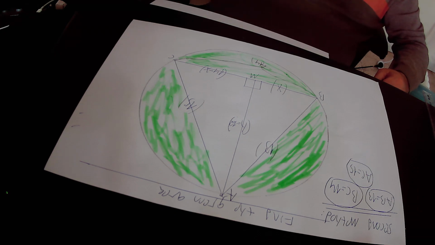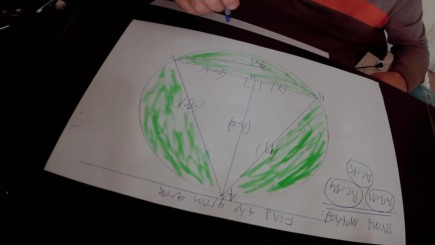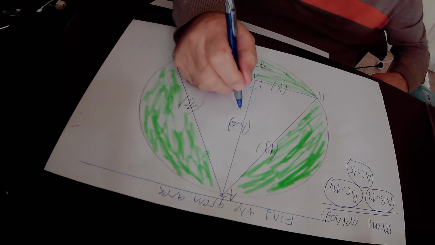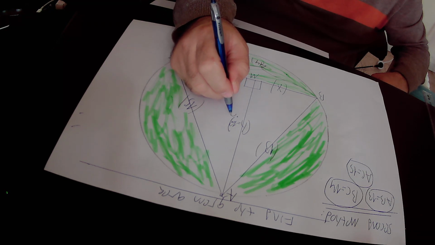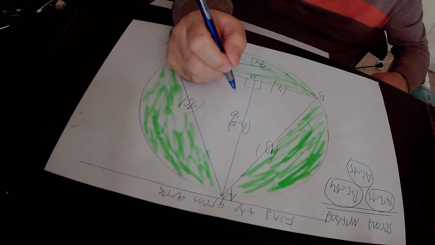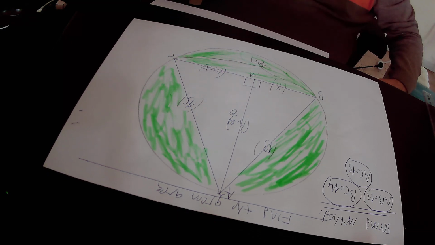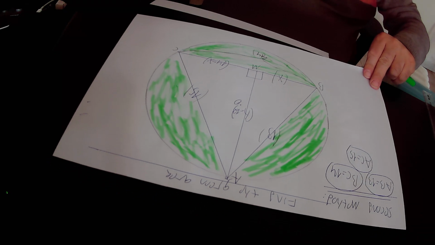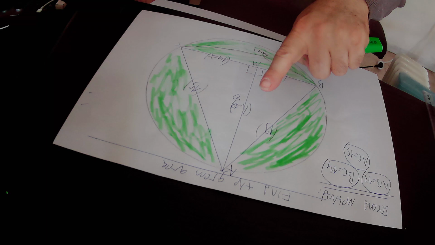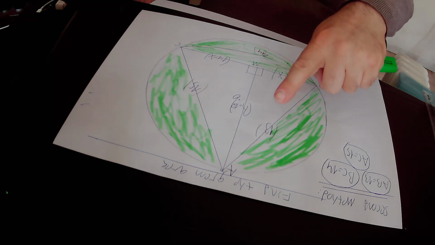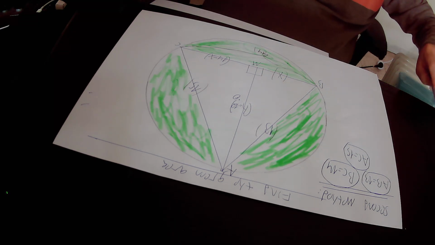In the next step, we will define the center of this circle as O. And we'll join points O and A together by a straight line.